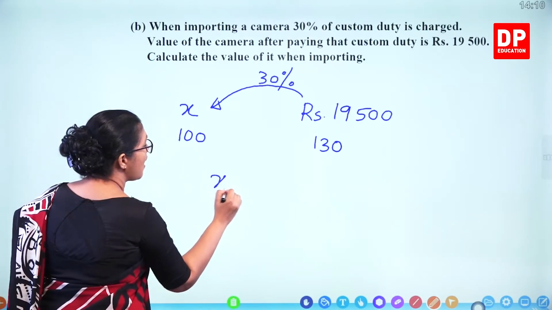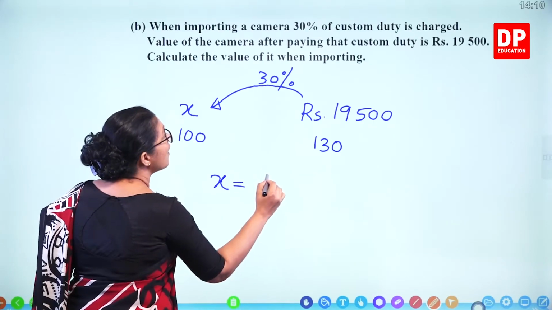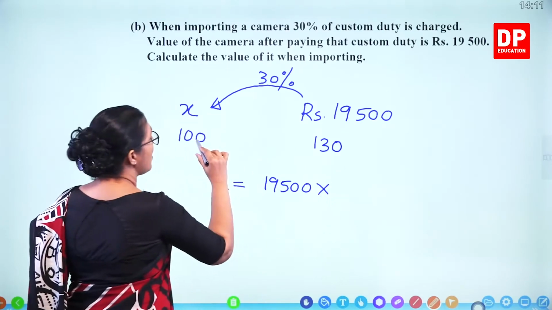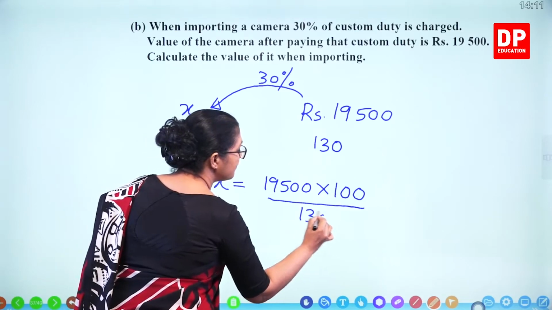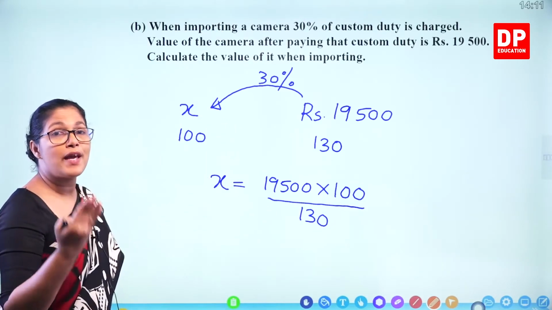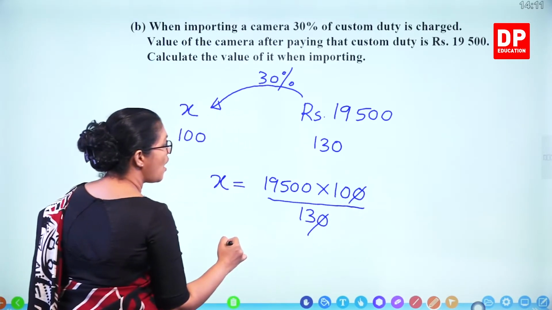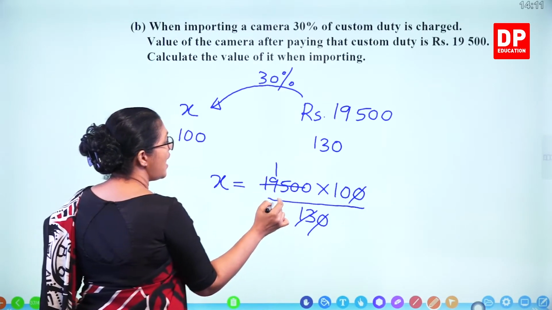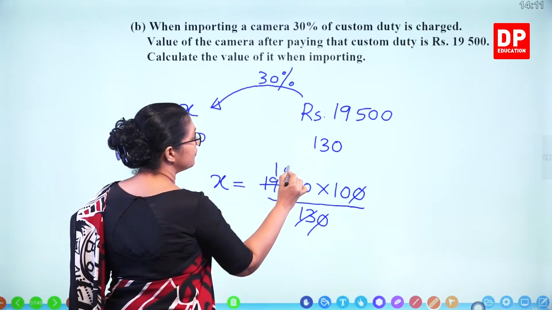So X becomes 19,500 multiplied by 100 divided by 130. Because if it's 100, you have to pay 130 rupees. So 1 0 get cancelled out. 13 times 1, 13, and 65 means 5.